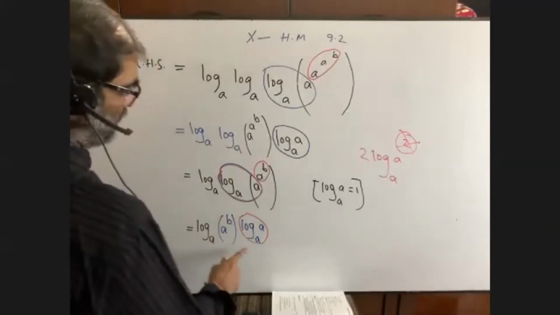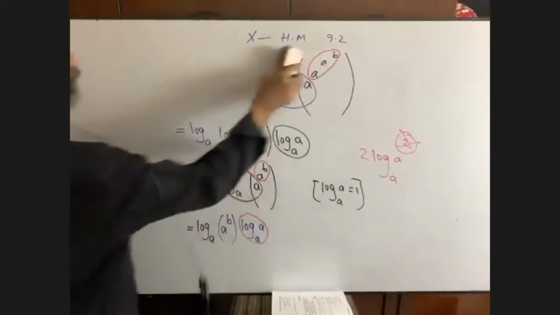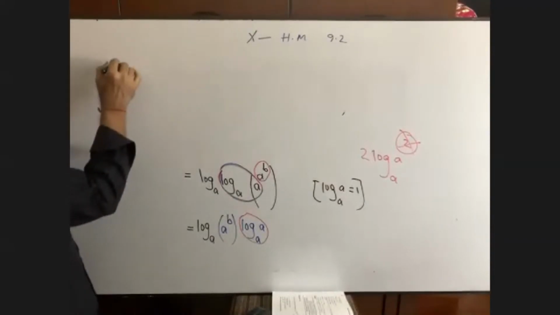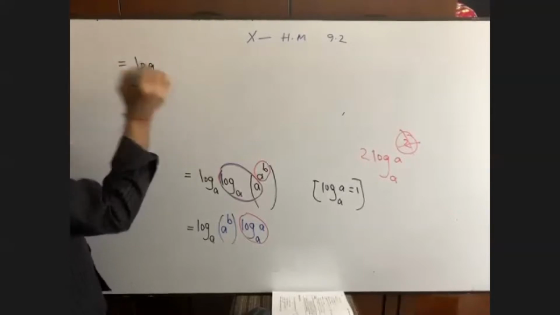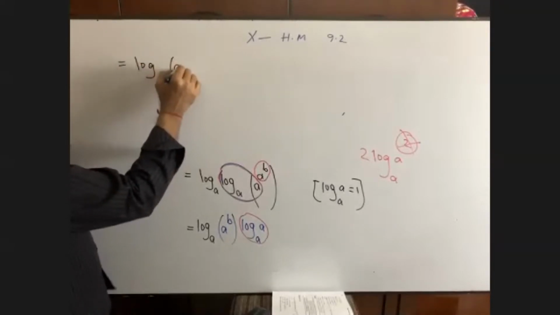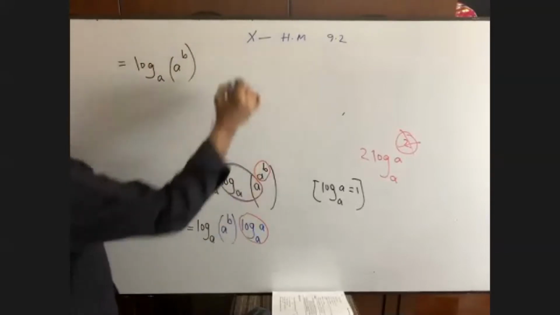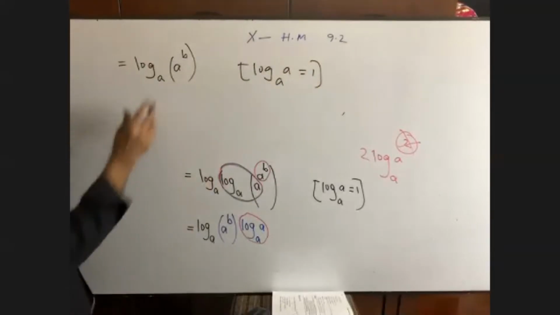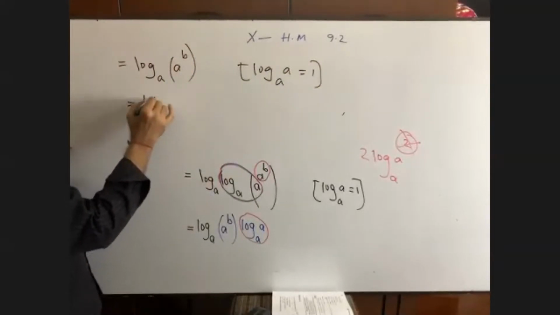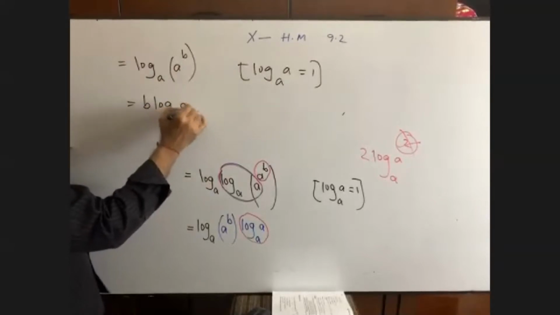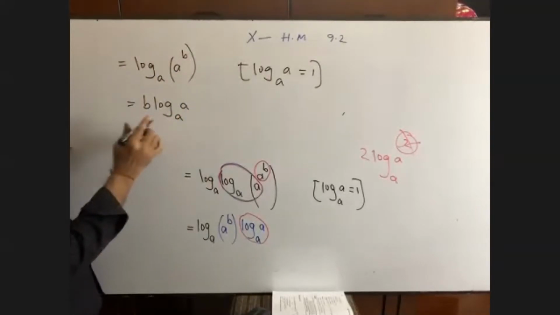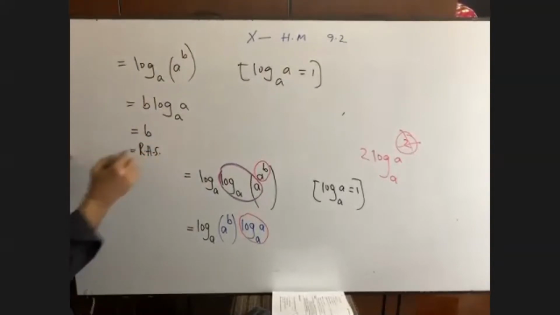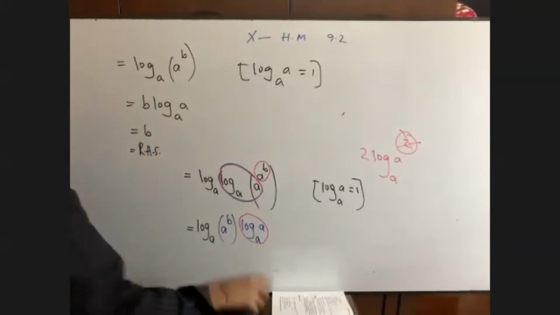Now you see this is 1. So we get log a base a to the power b, and here it is 1. So log a base a is equal to 1. We know it. Now this is power b, this is b log a base a. Now it is 1, so we are getting b equals to the right hand side. Just let me know if you failed anywhere to understand.